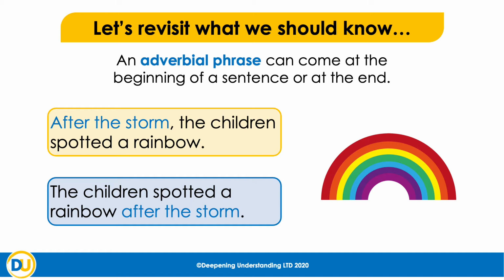And if you notice, after the fronted adverbial, you have a comma. So after every fronted adverbial, you use a comma if it is at the beginning of your sentence. Now I can change that round, and it is the children spotted a rainbow after the storm.